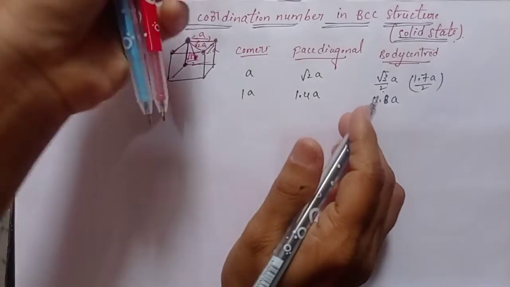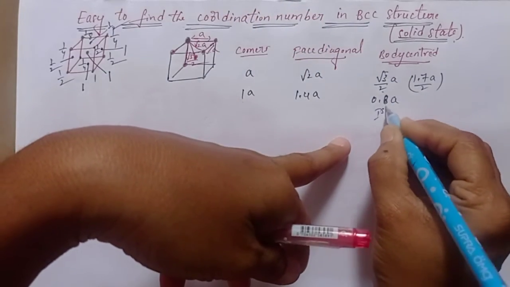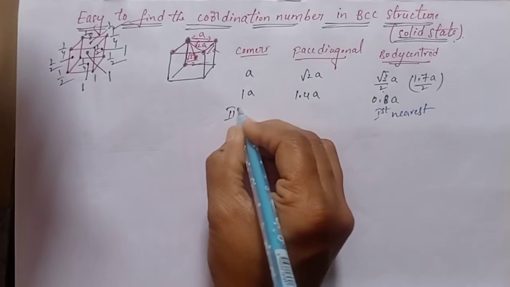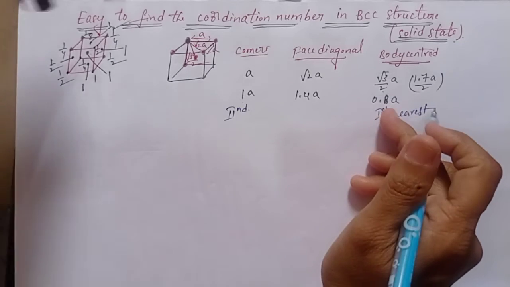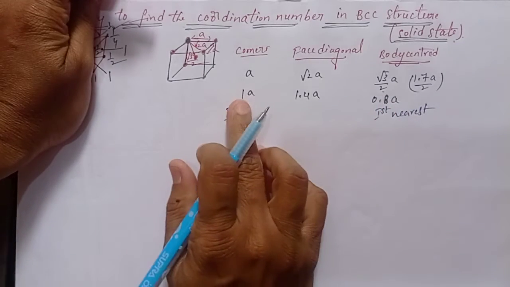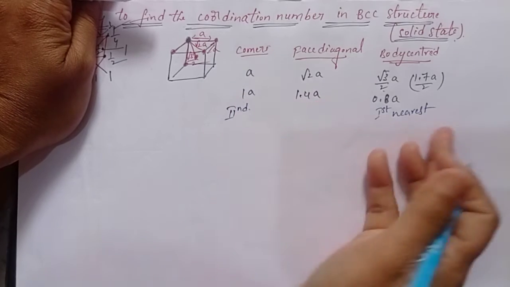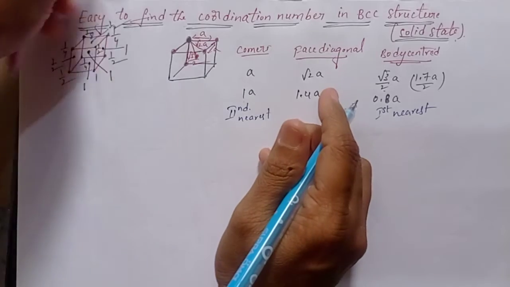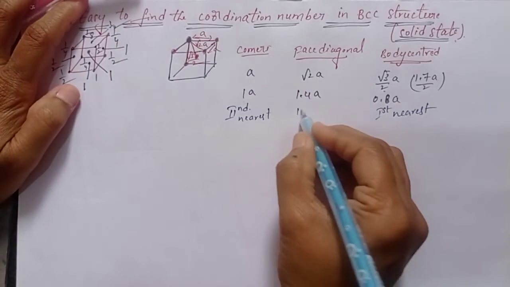Clear? So here 0.88a is the first nearest. Second nearest is the corner particles, based on the distance values. 0.88 is the smallest value, next the second smallest value is 1, and the third value is 1.4. This is the first nearest, this is the second nearest, and this one is the third nearest. Clear?